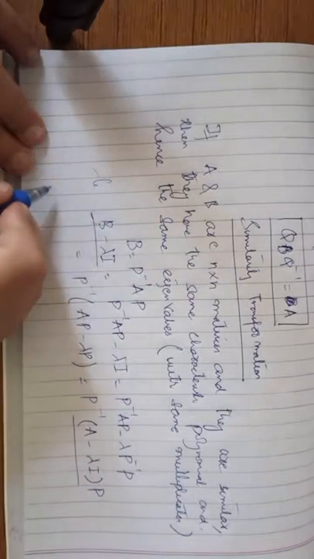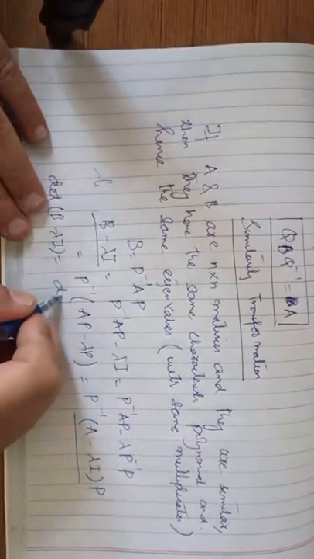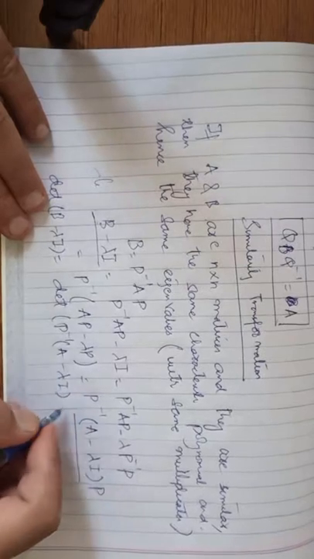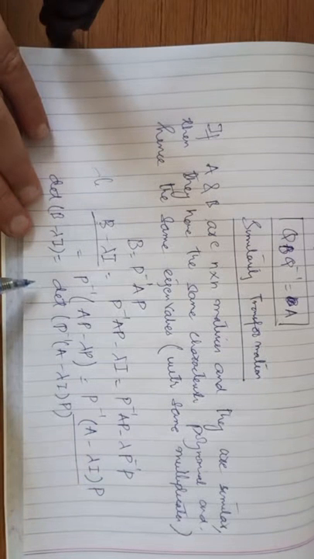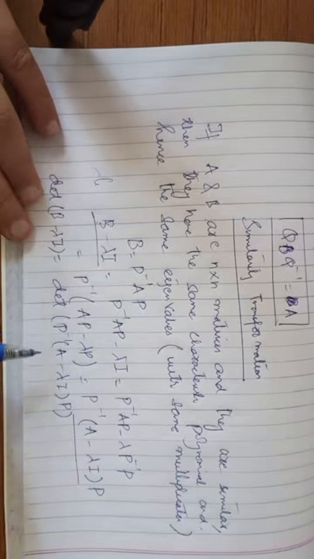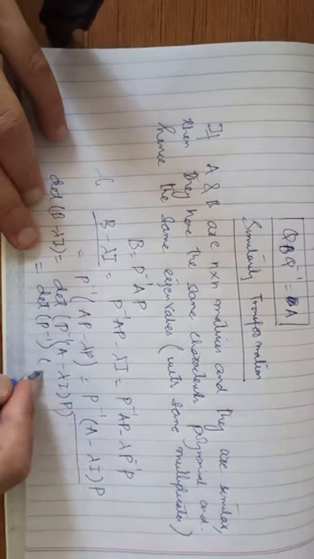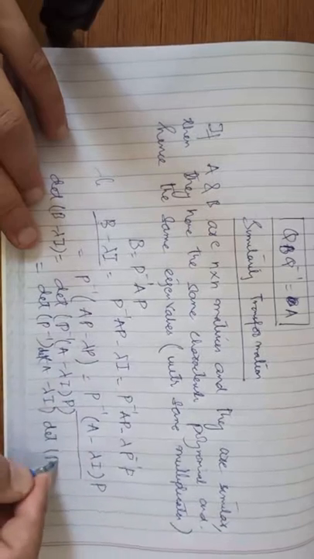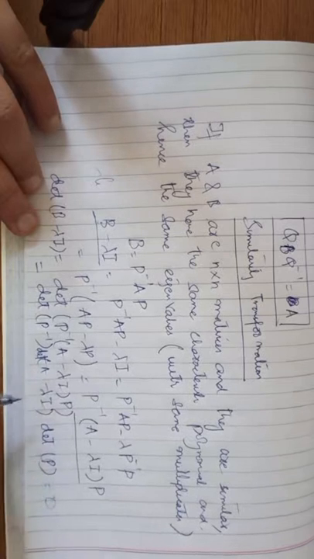If I take the determinant of B minus lambda I, this is equal to the determinant of P inverse (A minus lambda I) P, and you know the property of determinants, that the determinant of A times B is equal to the determinant of A times the determinant of B. This comes out to be the determinant of P inverse times the determinant of A minus lambda I times the determinant of P. All of them are equated to 0 to find the solution for lambda.